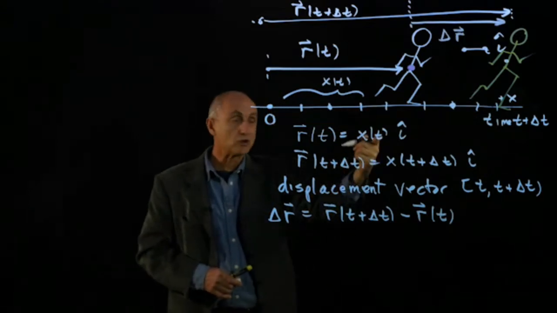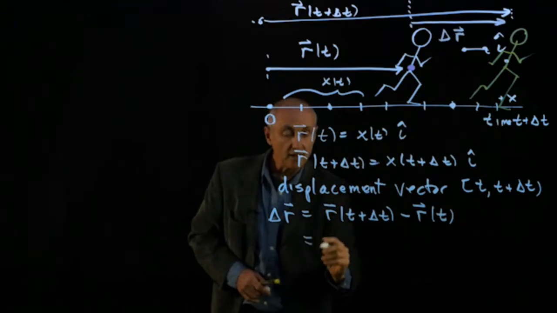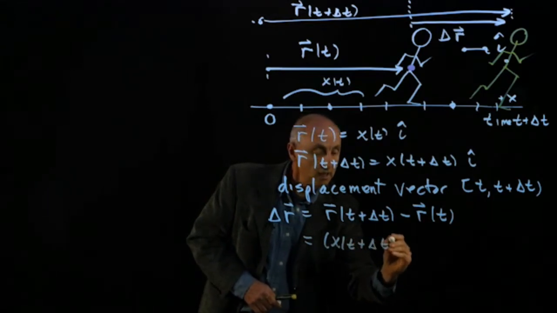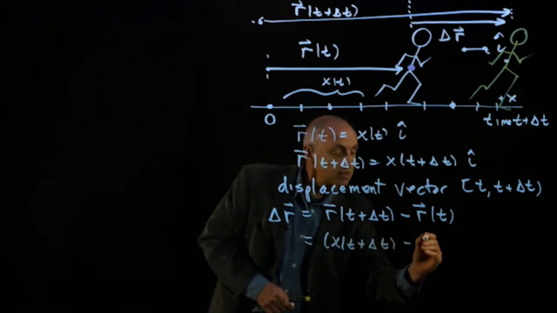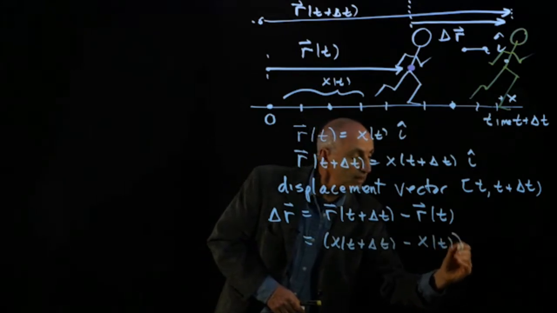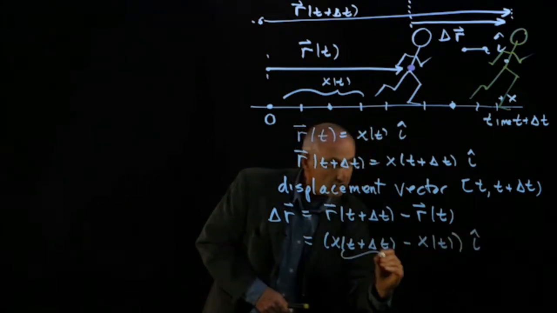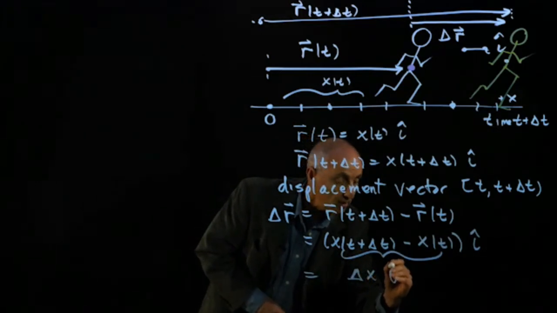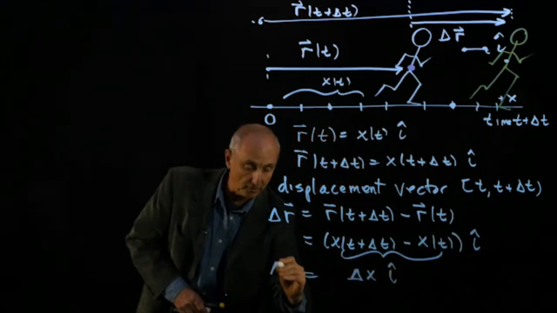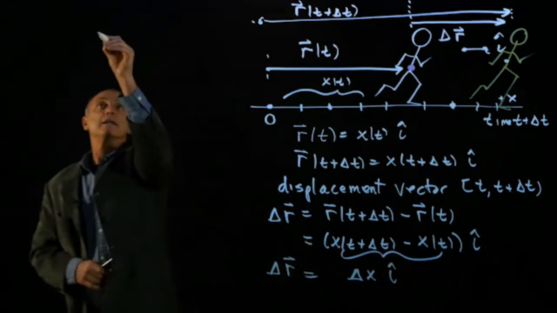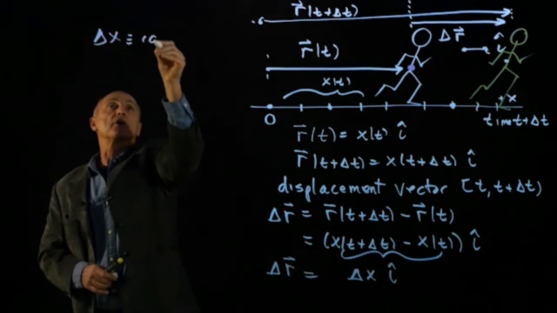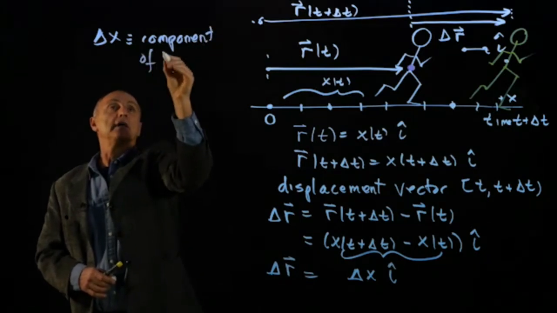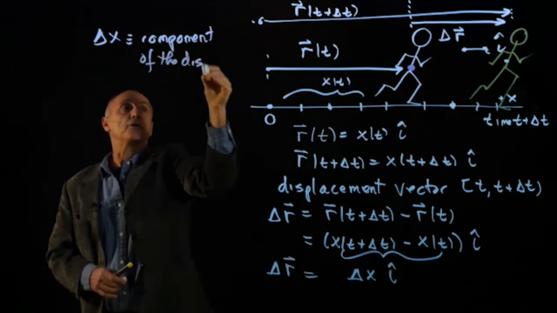And if we now use our two definitions here, then this becomes x of t plus delta t minus x of t, times i hat. And this quantity here we refer to as the component of the displacement vector. So delta x is the component of the displacement vector.